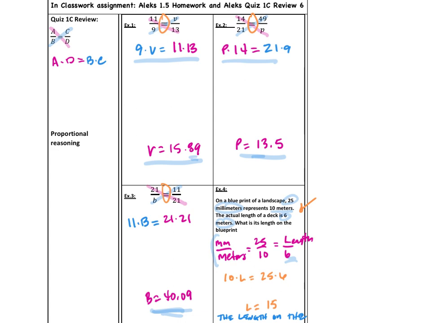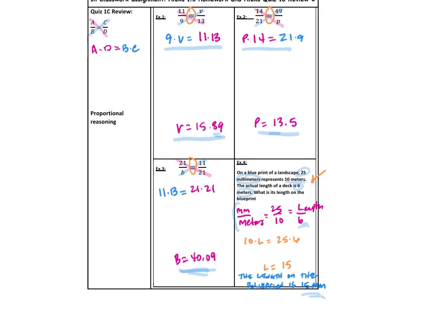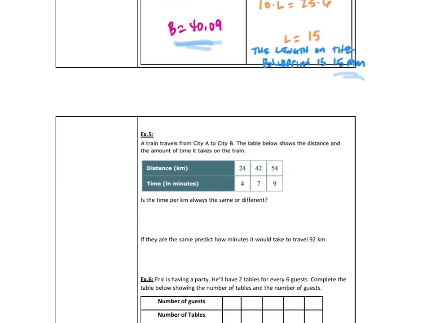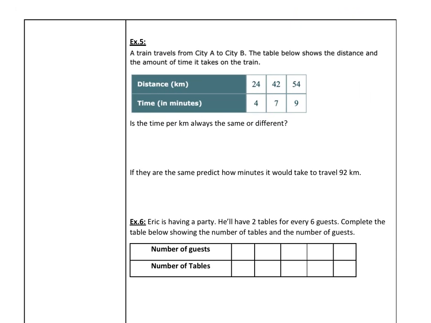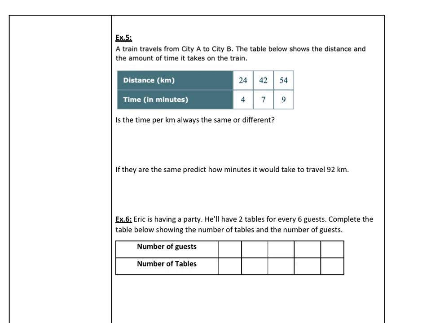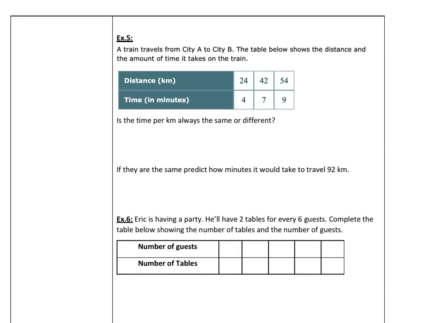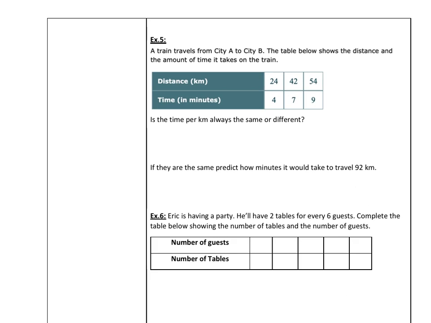But what we're going to talk about next is how we tell if a relationship is proportional. When we're looking at these problems, we have to determine if it's proportional, and then what we find is what's called K. It's the constant of proportionality.